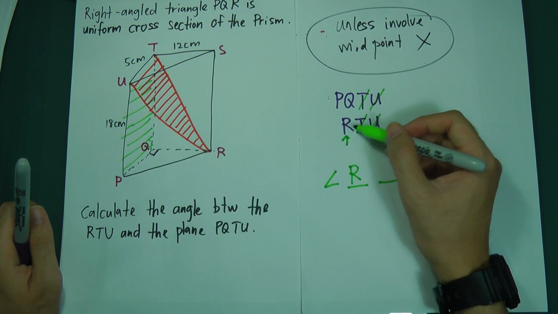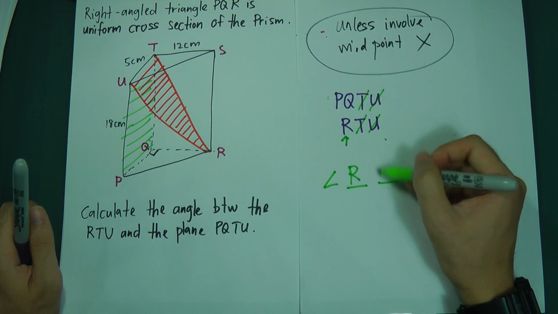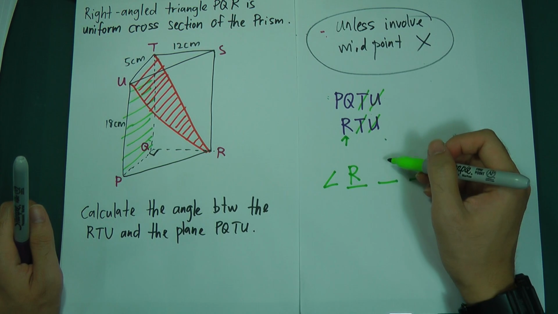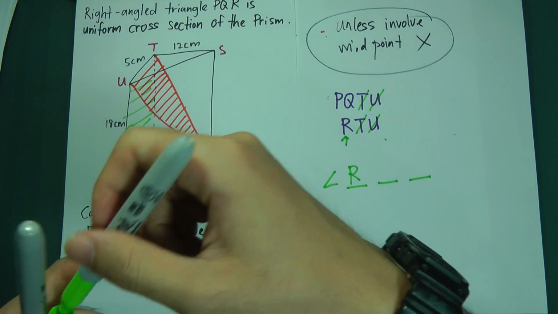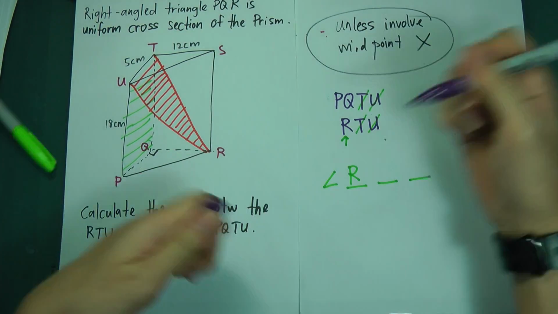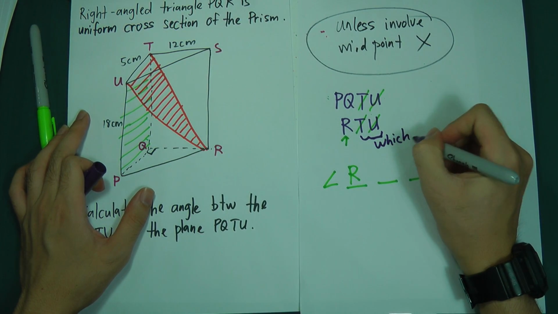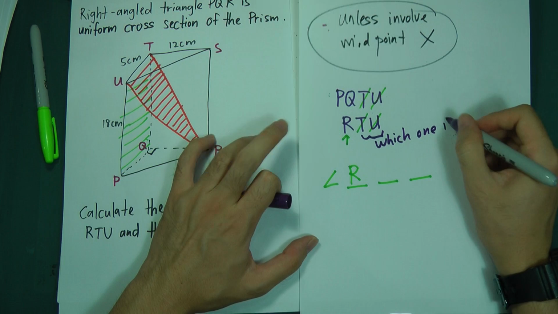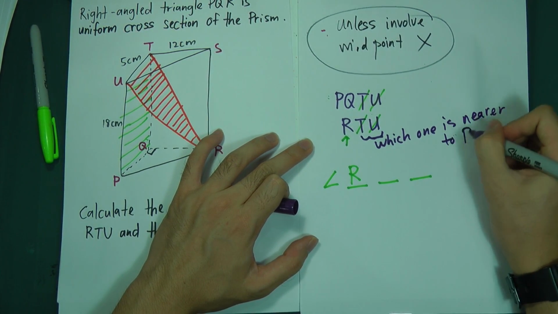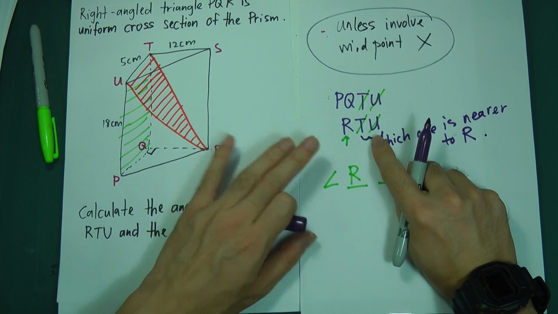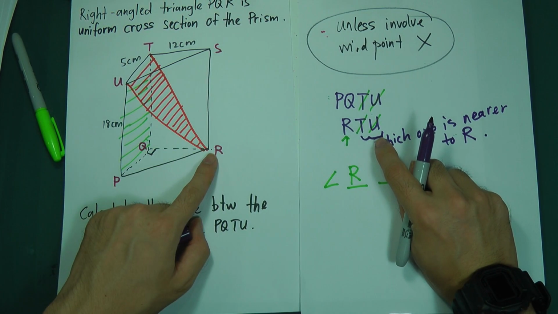Okay. After you have R, then you have to fill up the second alphabet. The second alphabet is from the T and U you cancelled. From the cancelled T and U over here, you have to find which one is nearer to R. From this diagram, T and U, which one is nearer to R?